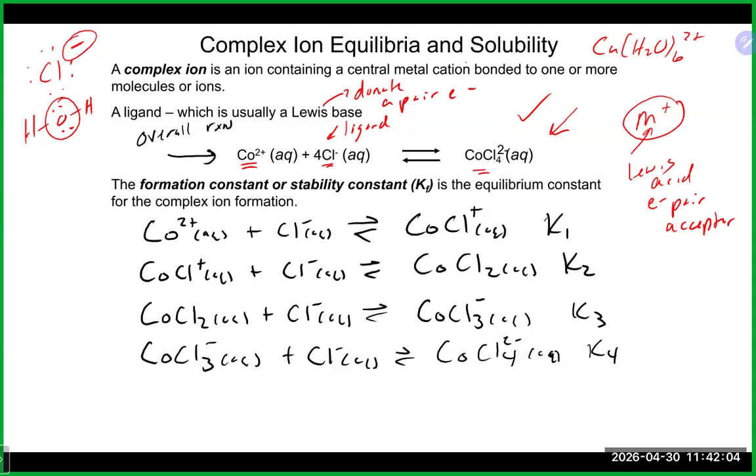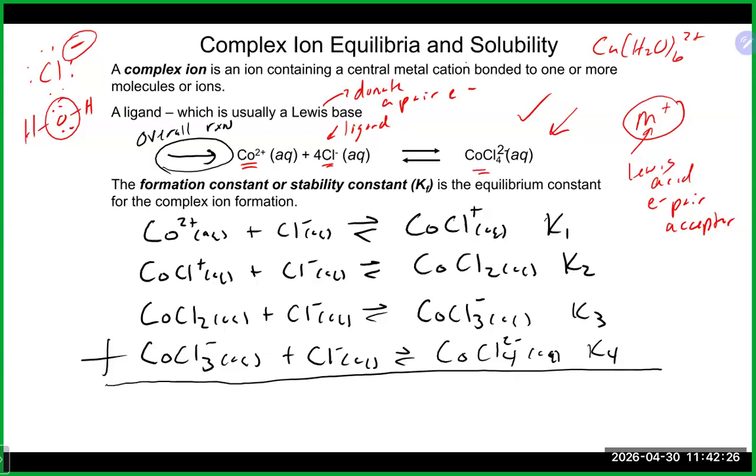So this is the step-by-step process that gets us to this overall reaction up here, which shows that we toss four of them on there. And again, they don't all four just pop on at once. They are added in individual steps. We could get to that overall reaction by taking each of these equilibrium reactions and adding them together.